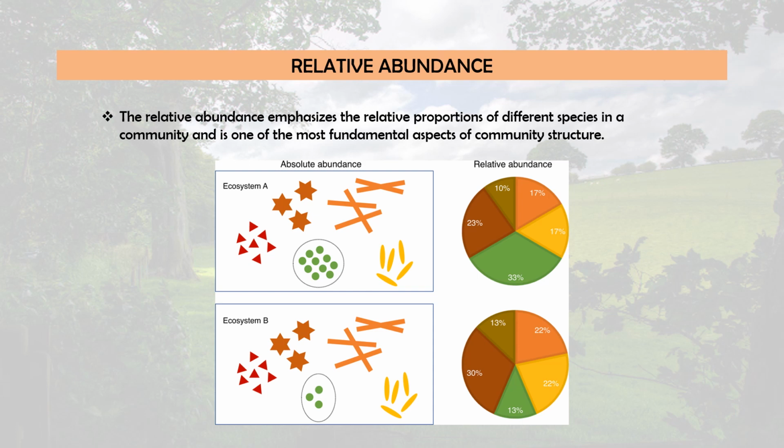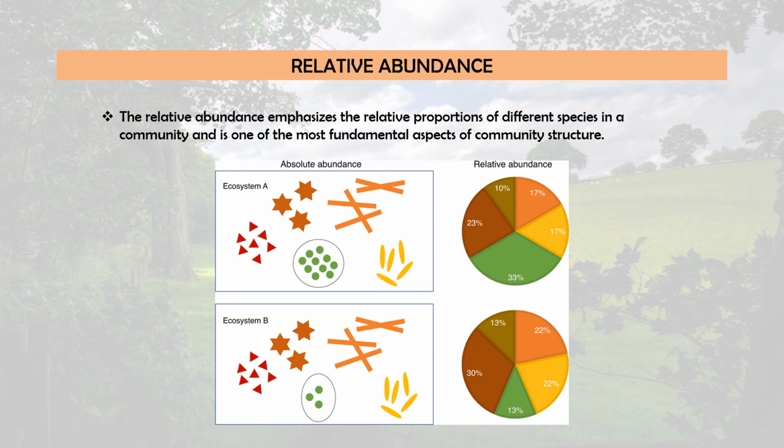in the picture here, it's shown difference between absolute abundance and relative abundance using two ecosystem types. In case of ecosystem A, we can observe that the green circles depicting a population that is more in comparison with that of ecosystem B. And due to this difference, you can see the difference in the percentage calculation or the relative abundance of that population.